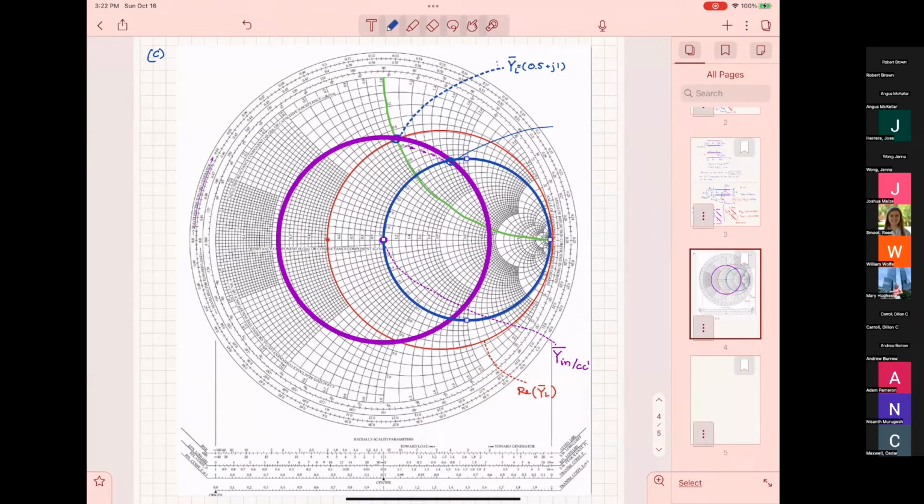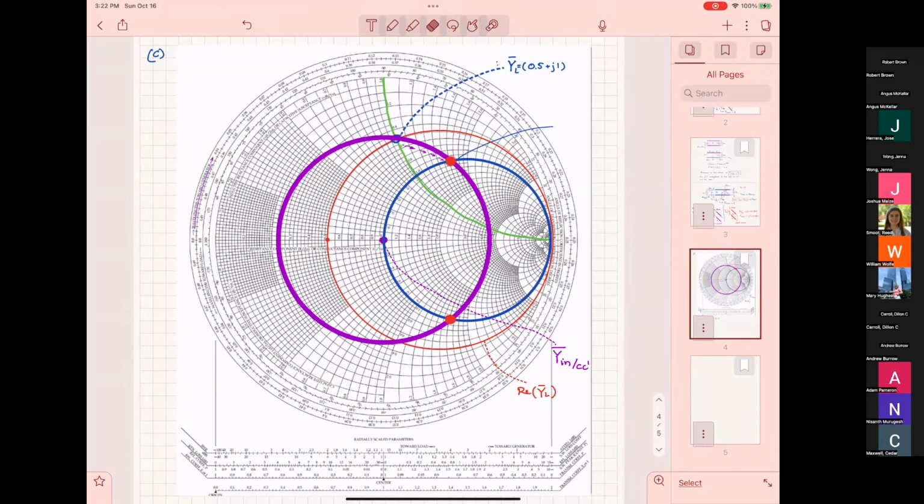And from the arrows that I showed, there are 2 points that I can stop at. One is this point here, and the other is this point. These are the 2 points that I can stop at.